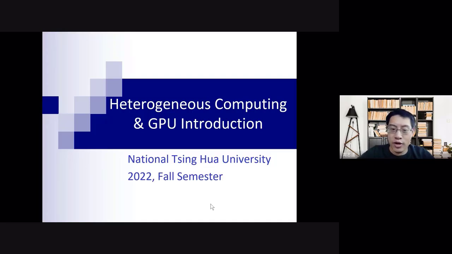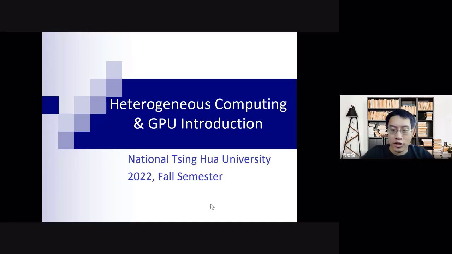We have to know the architecture of a GPU, and we have to know an entirely different parallel programming API. And the whole of GPU programming is also under a broader area of heterogeneous computing.